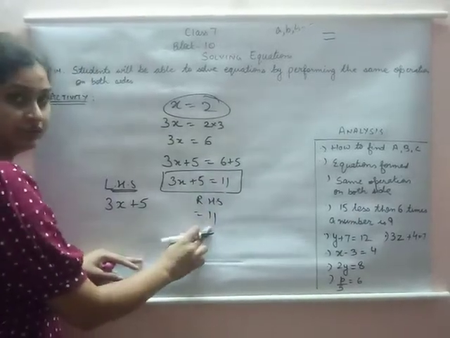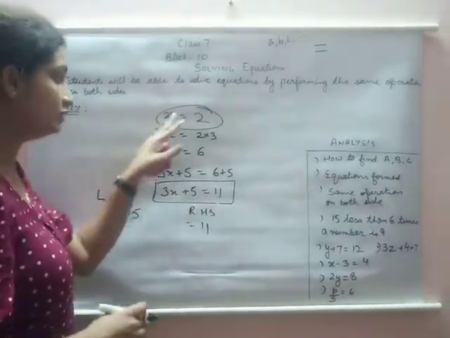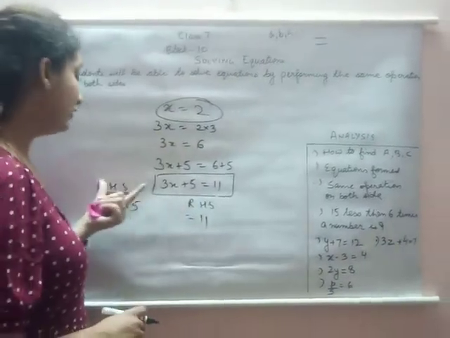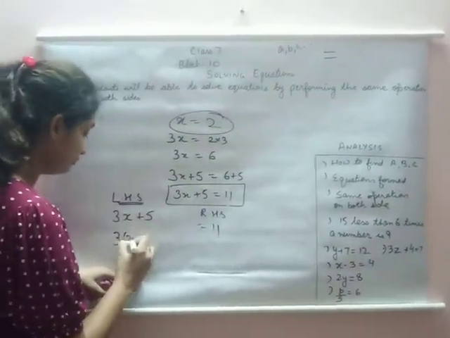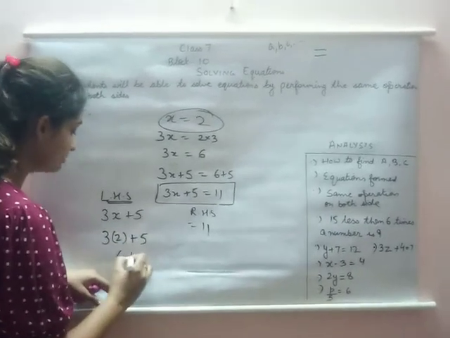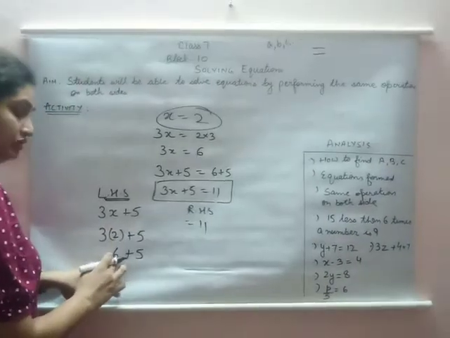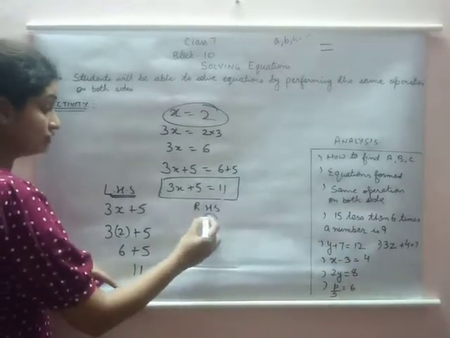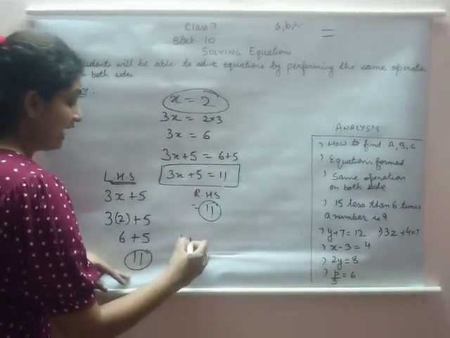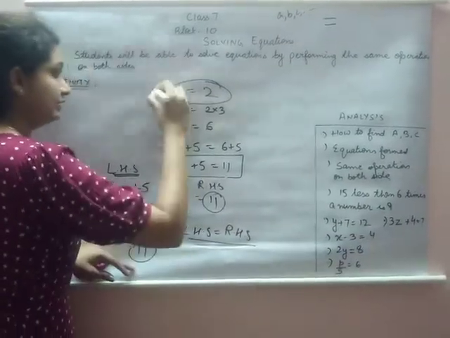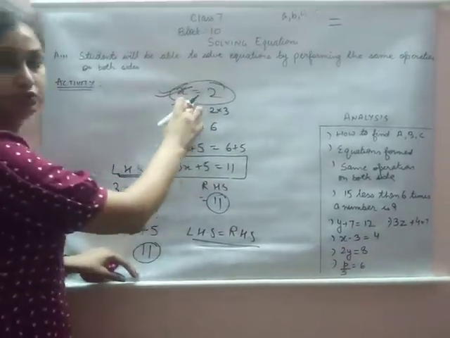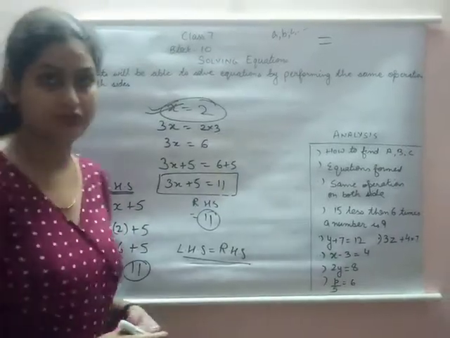We should check that if our equation satisfies our solution, then our LHS is equal to the RHS. Now see, 3 multiplied by 2 is 6, plus 5 is 11, and our RHS is also 11. That means LHS is equal to RHS. Hence, it is proved that x equals 2 is the solution of the given equation.